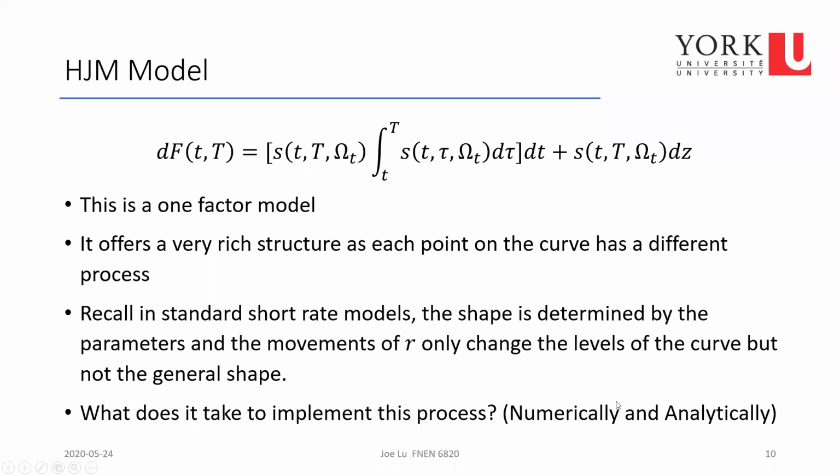Now, one thing I'd like to point out is that when you consider a multi-factor model, the complexity is not in having a lot of factors. The complexity really comes from the correlation between the factors. So instead of a diagonal matrix, you have a matrix that has off-diagonal terms, which means that factor one is correlated with factor two and so on, all the way to factor n.